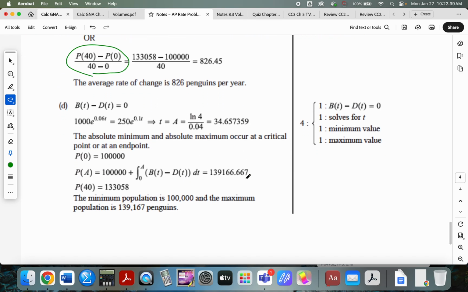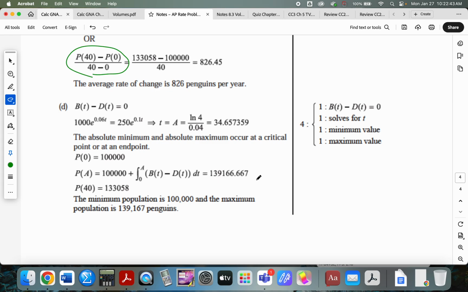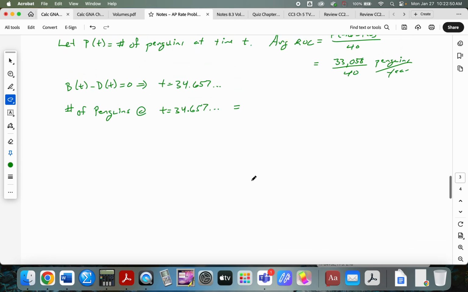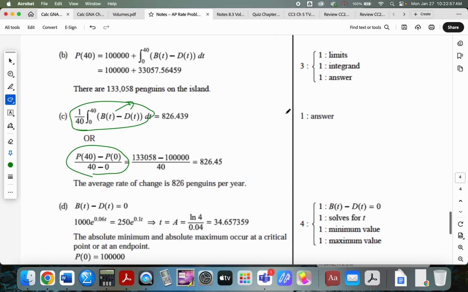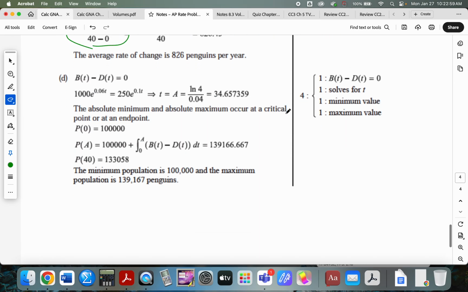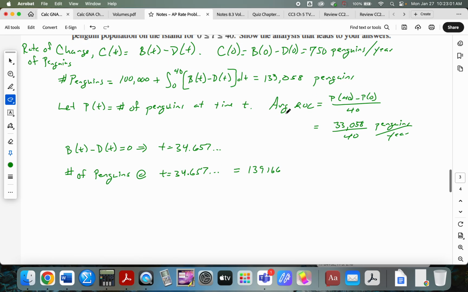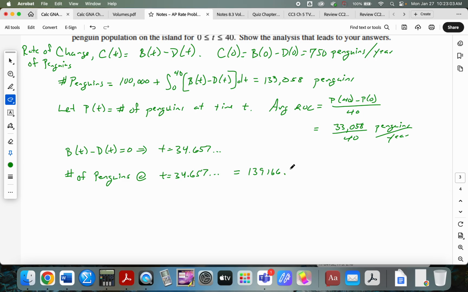And it turns out that that is 139,166.6 repeating, which is greater than it was at time 40.